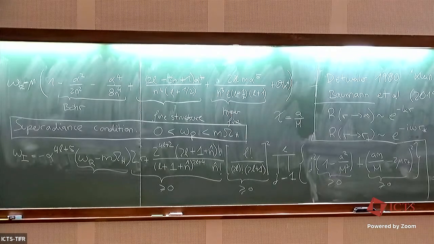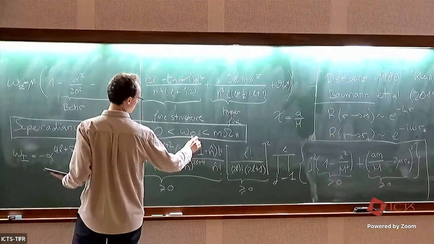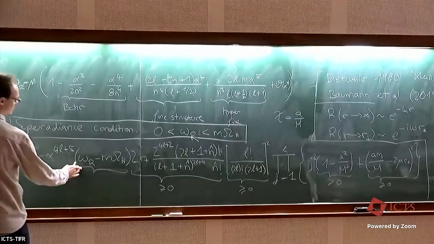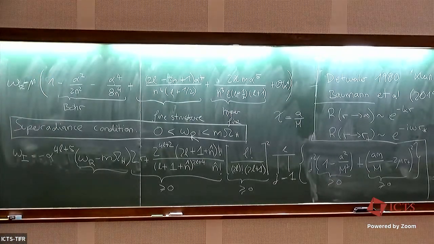Whenever the real part of the frequency satisfies the superradiance condition, then this becomes negative, there's a minus sign up front, hence omega I becomes positive, and therefore phi starts growing exponentially.